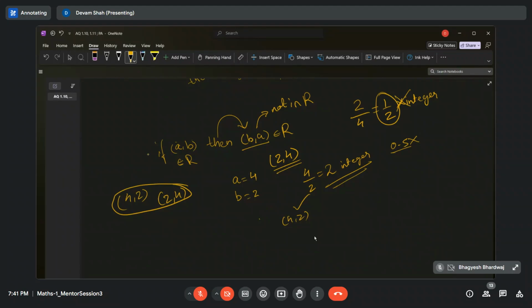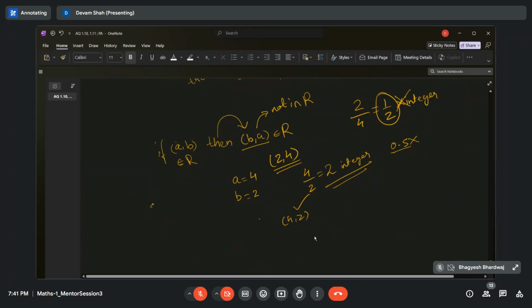So think of examples like that. And also be careful: what if I take 2 comma 1? 2 by 1 is an integer, but 1 by 2 is not an integer. But the problem here is 1 is not an even number.